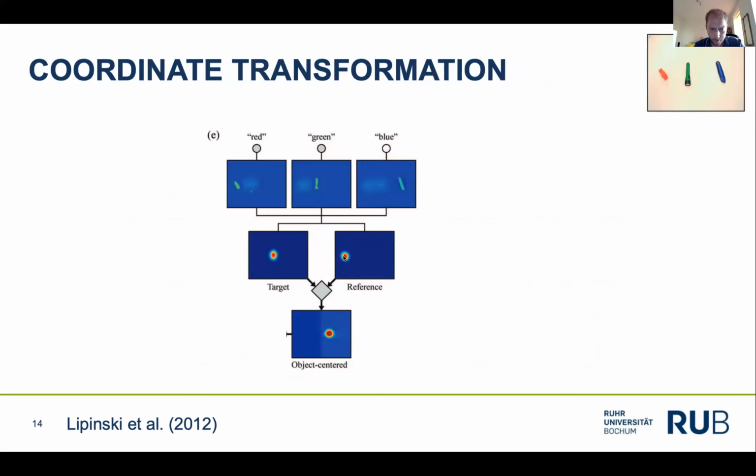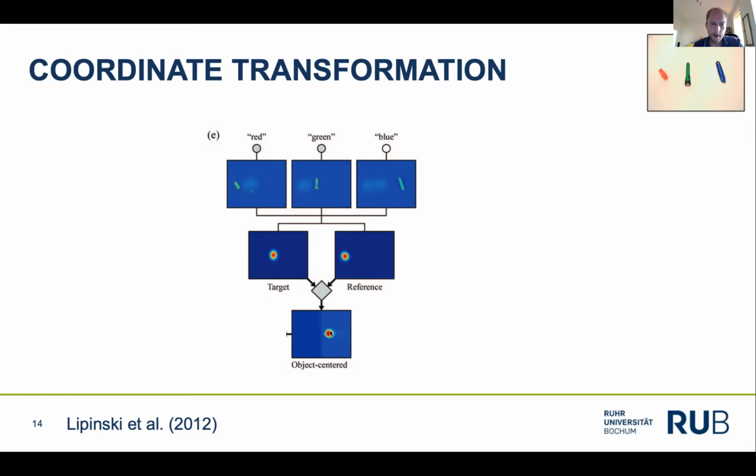reference field, we want to determine the relative location of the target object with respect to the reference object. In order to do this, we perform a coordinate transformation, which works the same way as has been introduced by Professor Schöner in the higher cognition lecture, with a transformation field and a diagonal readout. And the result feeds into an object-centered field.